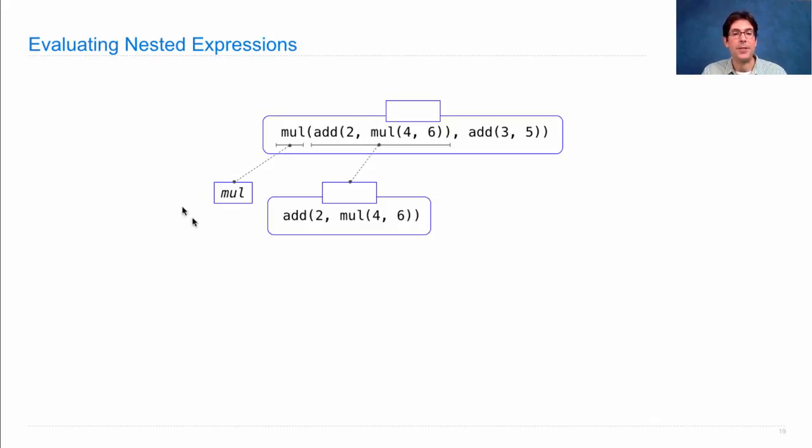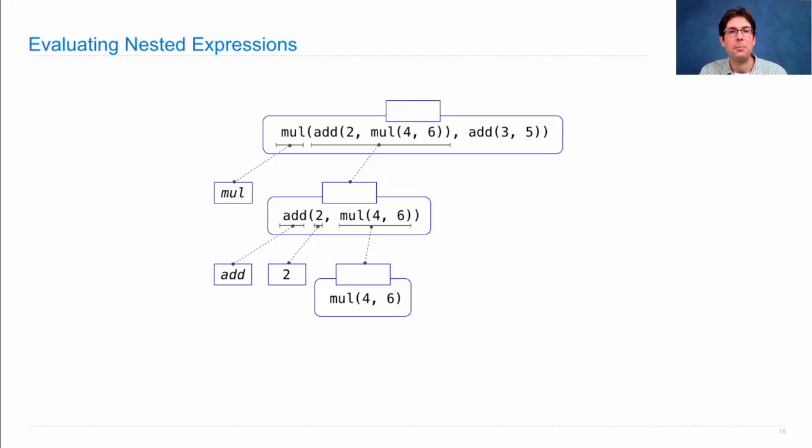The same procedure says, I'm going to evaluate the operator, that's the add function. I'm going to evaluate the operand 2, which is just the number 2. Then I'll evaluate mul 4 6, which is another call expression. Fortunately, I have a procedure for evaluating call expressions. It goes like this. I evaluate the operator and operand sub-expressions to get the function that multiplies the number 4 and the number 6.